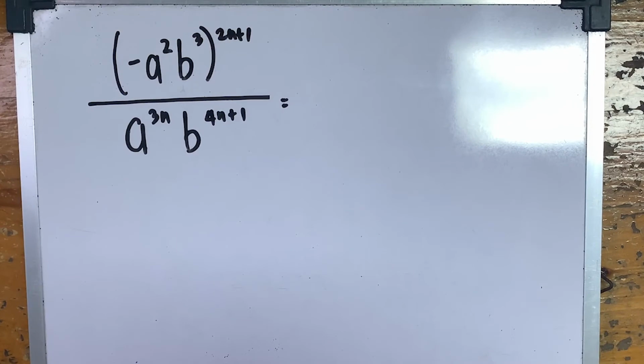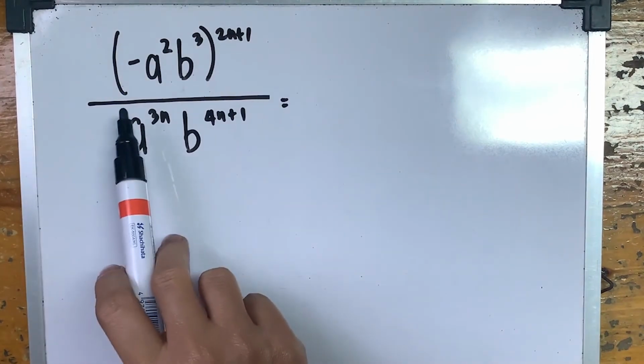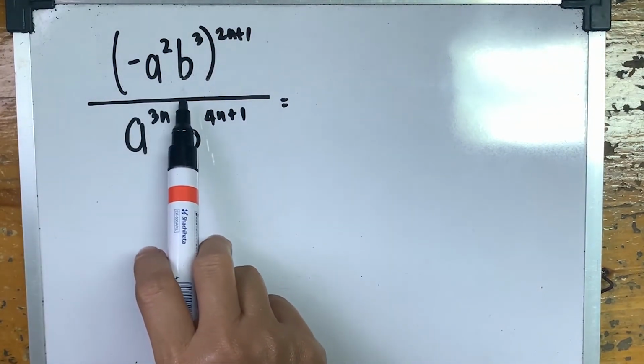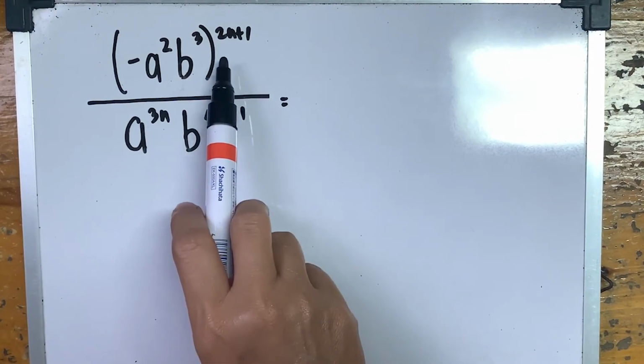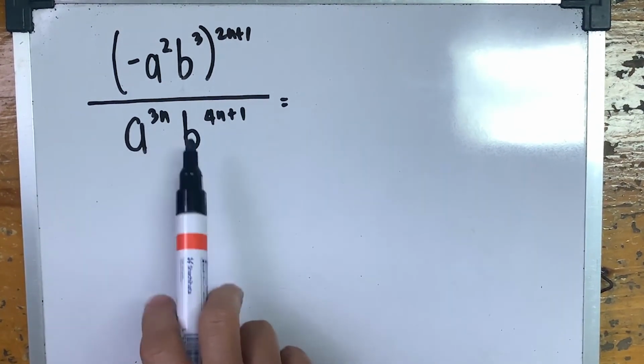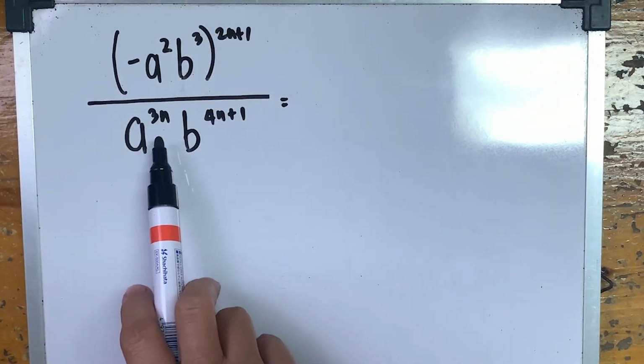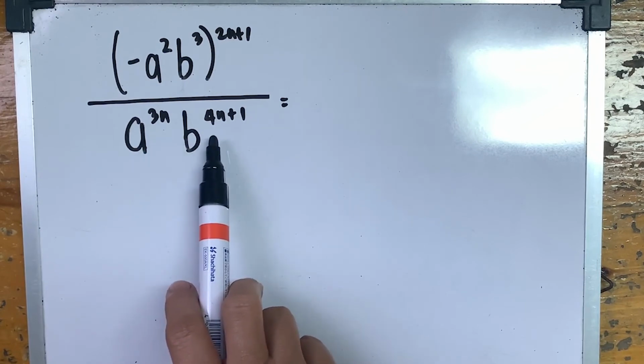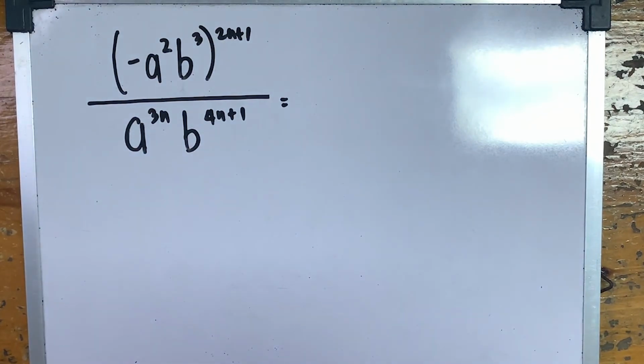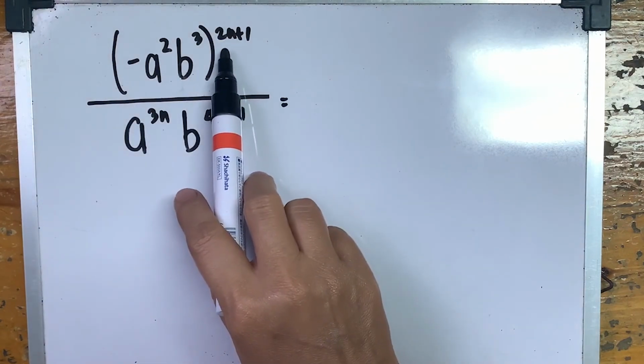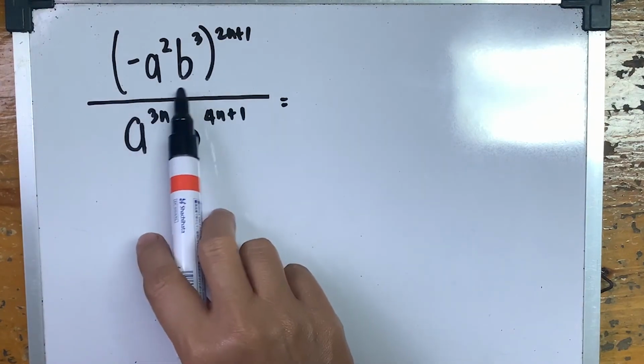Okay, for our last example, the quantity negative a squared b cubed raised to 2n plus 1 all over a raised to 3n times b raised to 4n plus 1. Okay, this one is power rule. So first, let's work on the numerator. Okay, so we have to distribute 2n plus 1 to each of the variables there.